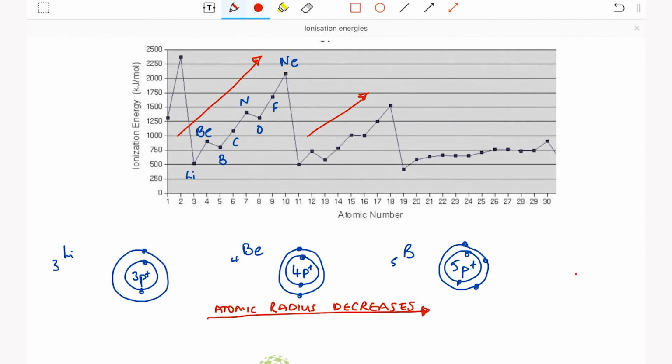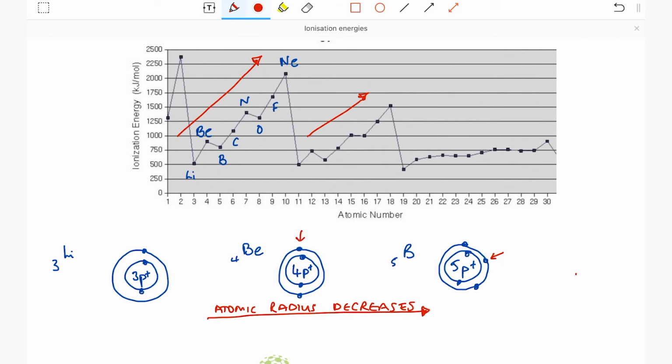Why might that be? Well, the reason I hope you can see from the pictures that I've drawn below is that each time we add another electron to our atom as we move from one element to the next, that electron is going into the same shell. In the second period, it's the n equals 2 energy shell or energy level that that electron is being added to.